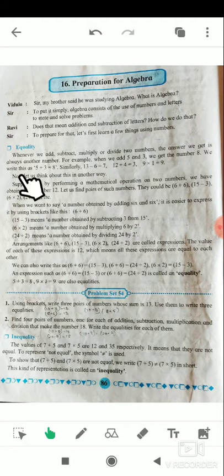Understand? Now equality is written with the equals sign. That is 6 plus 6 equals 12, which is the same as 15 minus 3. Okay, this is known as the equality. So equality is denoted by the equals to sign.